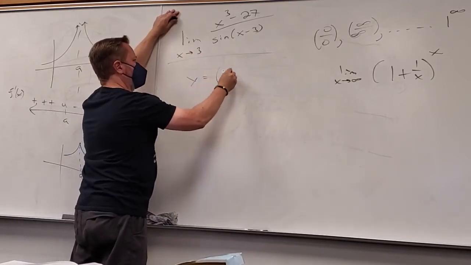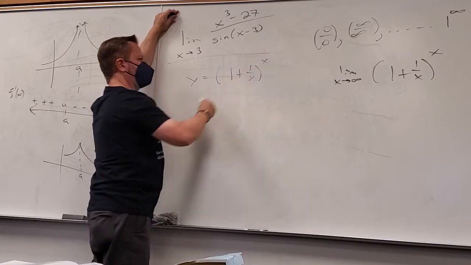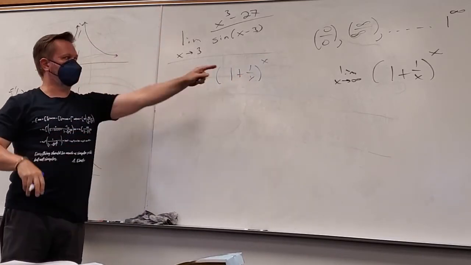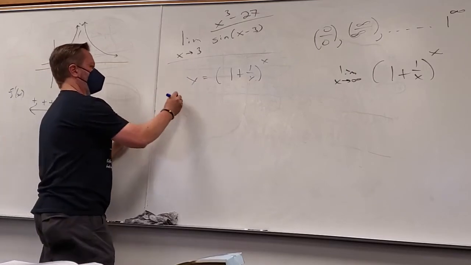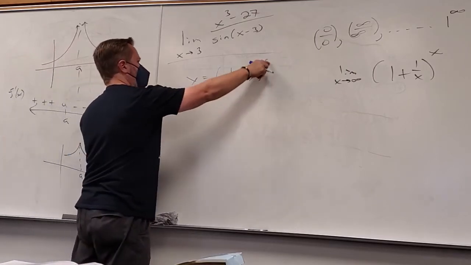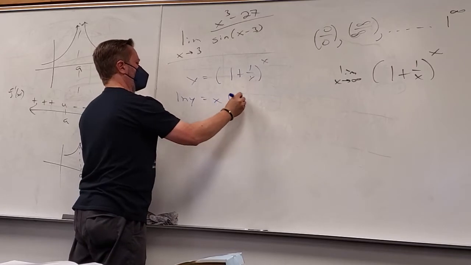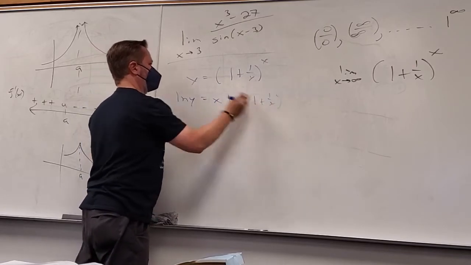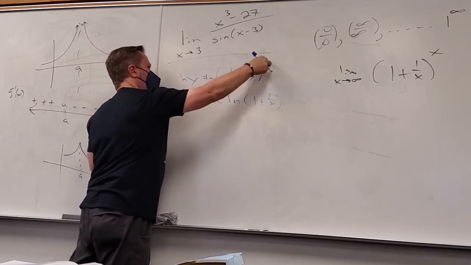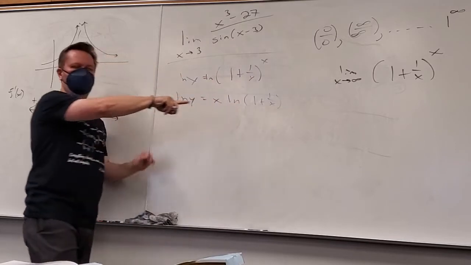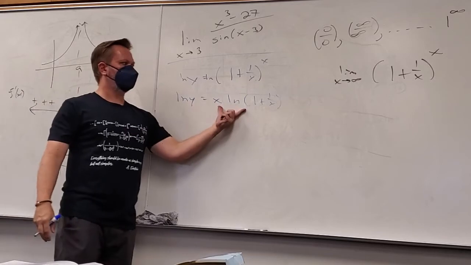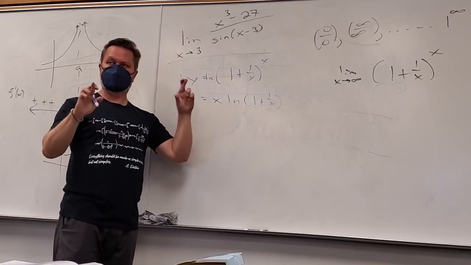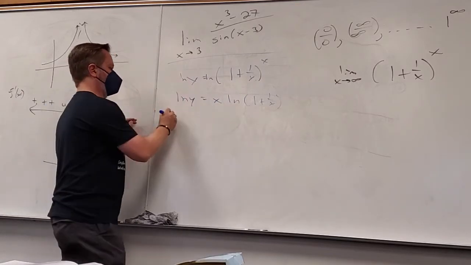Isn't this basically what I'm looking at, right? The question is, the limit as x goes to infinity of what? I can take the natural log of both sides, and the exponent will come down. What form is this in now? In fact, let me bring the limit back in.